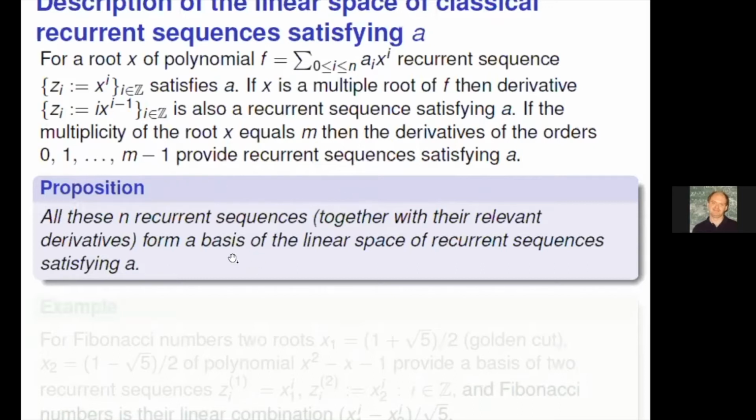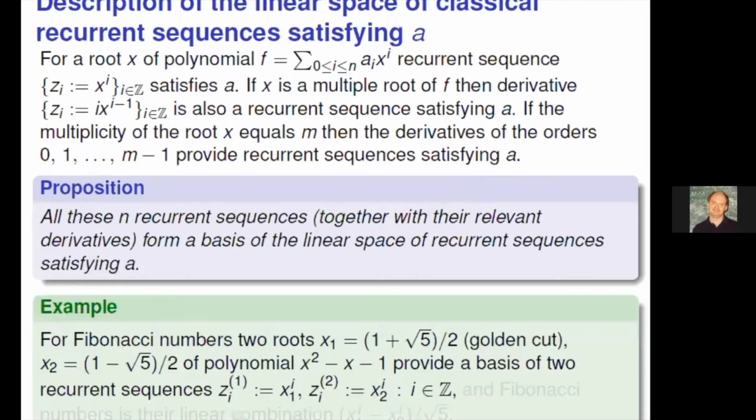So together the number of elements in the basis will be equal to n, the degree of the polynomial, or simultaneously the degree of the sequence, the length of the vector A. And continuing our example with Fibonacci numbers, the corresponding characteristic polynomial has 2 roots, and the powers of these roots form the basis, and the Fibonacci numbers themselves are given by some linear combination of these 2 sequences.